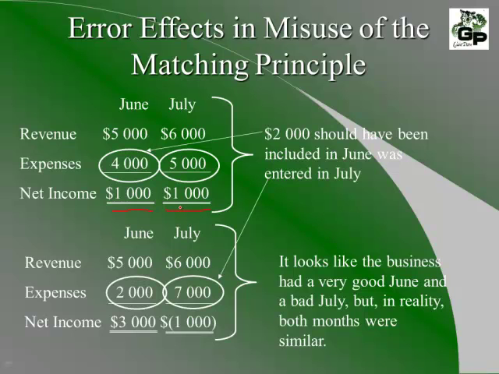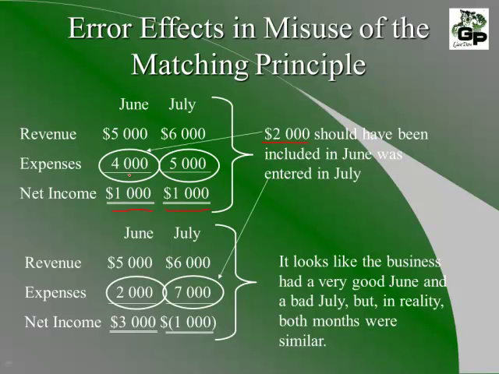In this example, we want to show what happens if somebody takes $2,000 that should have properly been included in June, and instead they delay, say because they paid the bill in July.